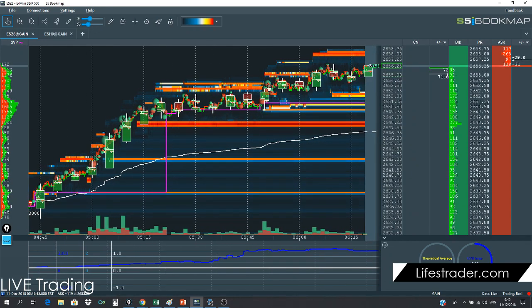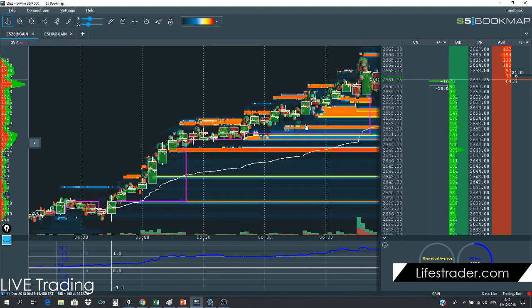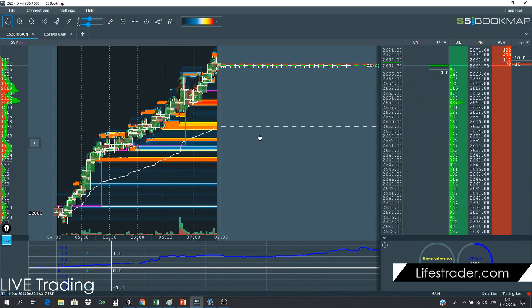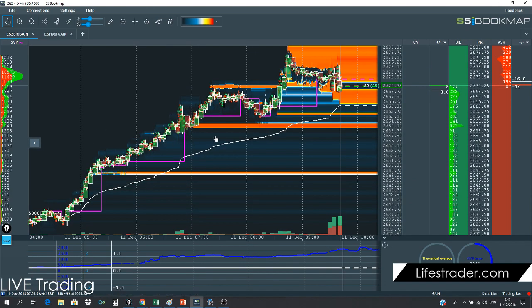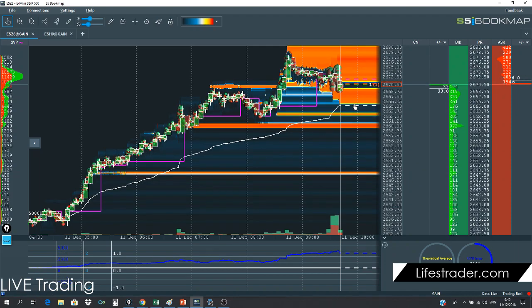It was quite a nice flip here, a very easy opportunity to join the trend. Currently, just a second, the price is standing at 26.70.